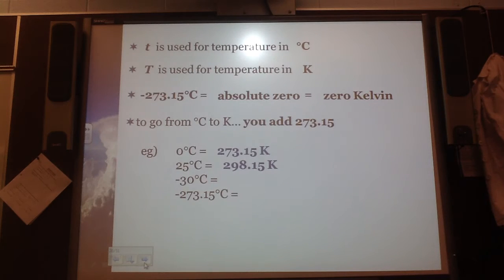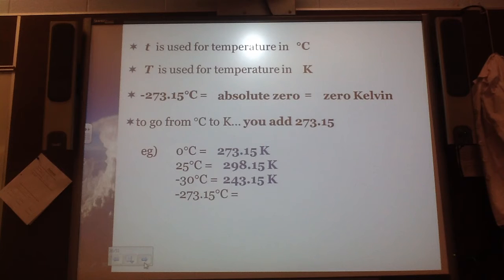That's how you get the little t and the big T for those SATPs, okay? So then, negative 30 plus 273.15. Make sure you include the negative 30. So punch that into your calculator. What do you get? Or you could just think of it: 273 minus 30, right?